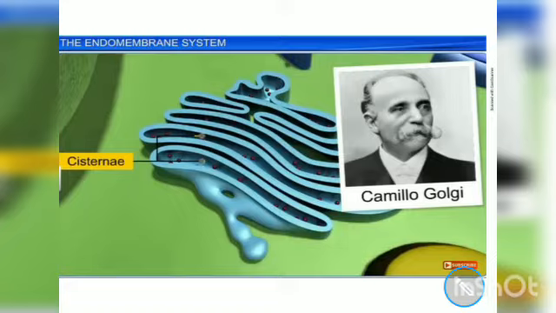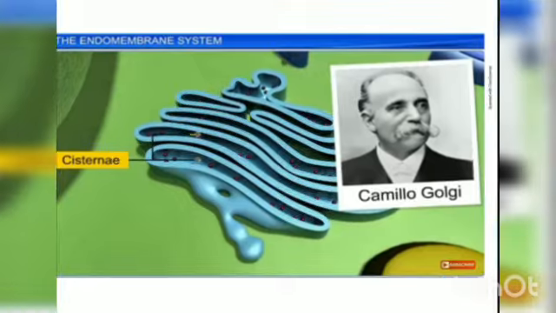And this organelle has its main role in the endomembrane system, and as you know it has three functions. Majorly it helps in collection, packaging and distribution.